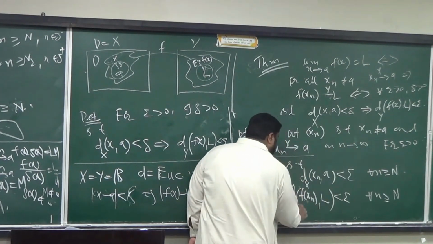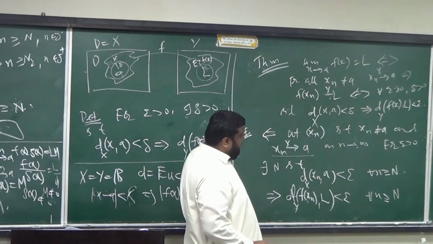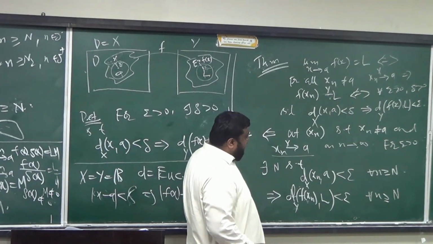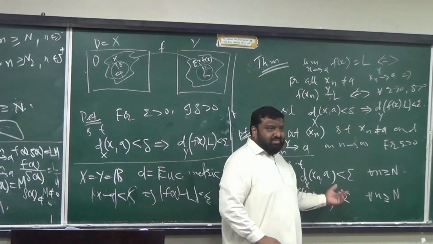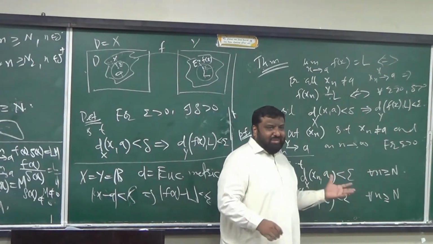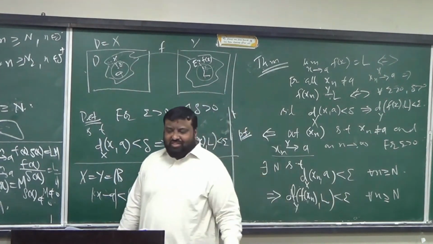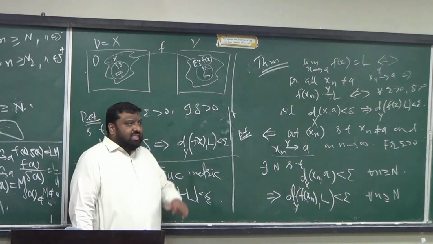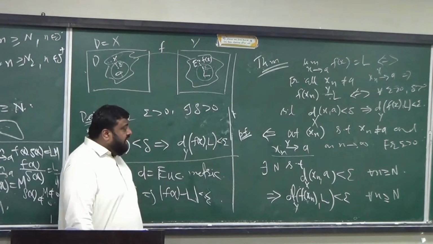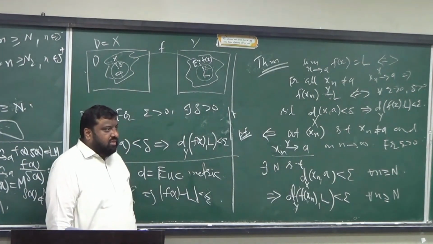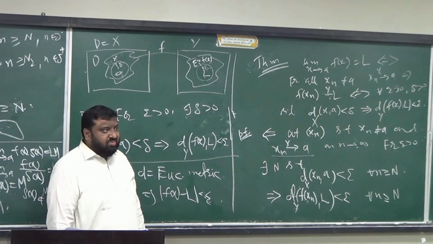Why? If the delta is epsilon, choose epsilon to be epsilon. Same words, it doesn't matter. Agree? So if this is true, what does this mean?